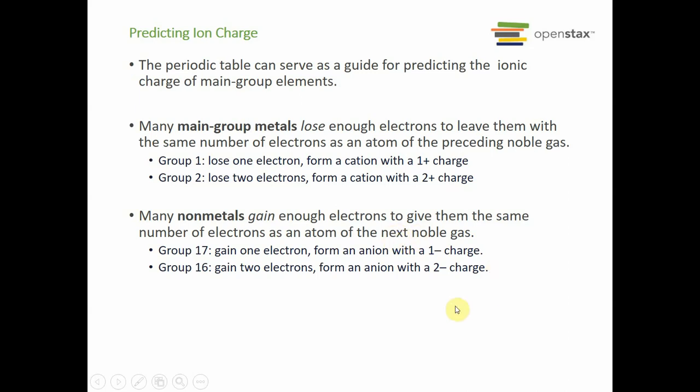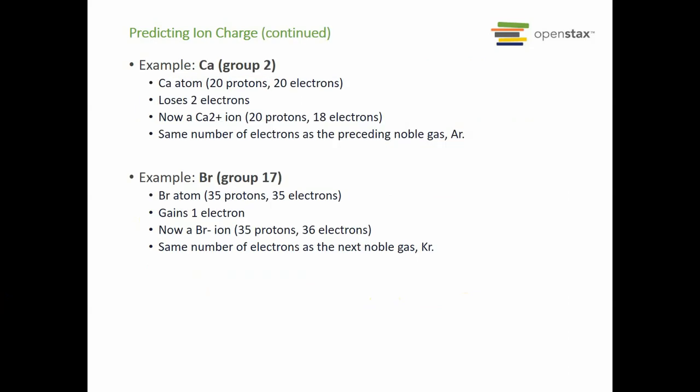So, for example, group 2 loses 2 electrons, and that includes beryllium, magnesium, calcium, barium, and so on.